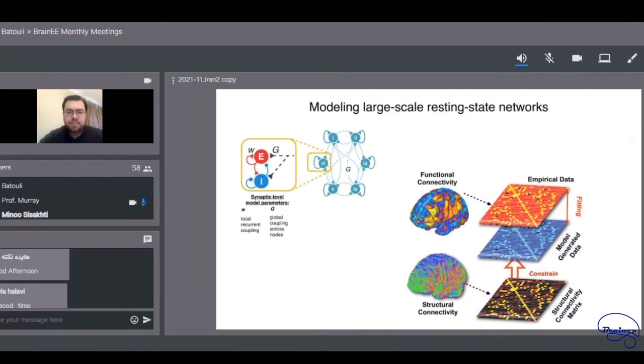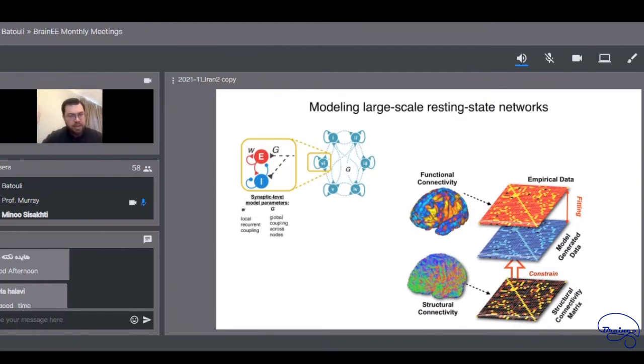And so the idea is we're going to simulate some simple properties of a local cortical circuit of excitatory and inhibitory neurons interacting. We're going to have some physiologically interpretable parameters for synaptic strengths, et cetera. We're then going to take that local circuit model of each cortical area and embed that in a large-scale network, which is then constrained by the structural connectivity matrix, dictating how strongly areas are coupled.